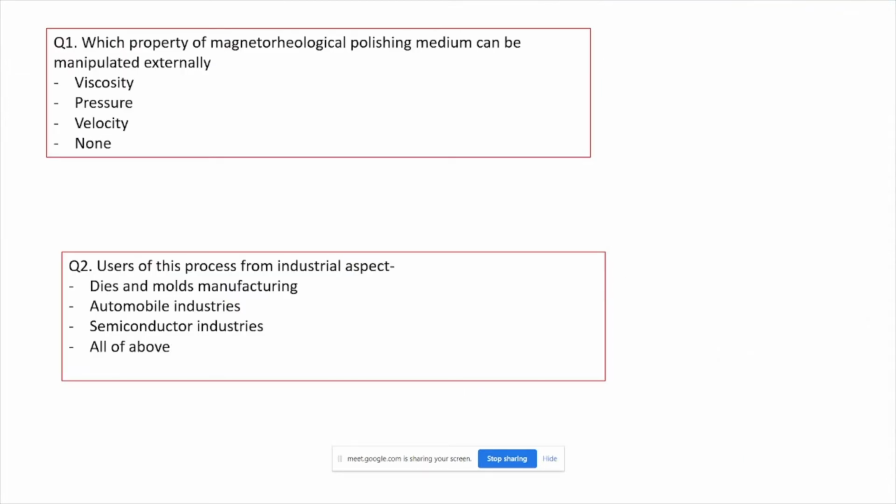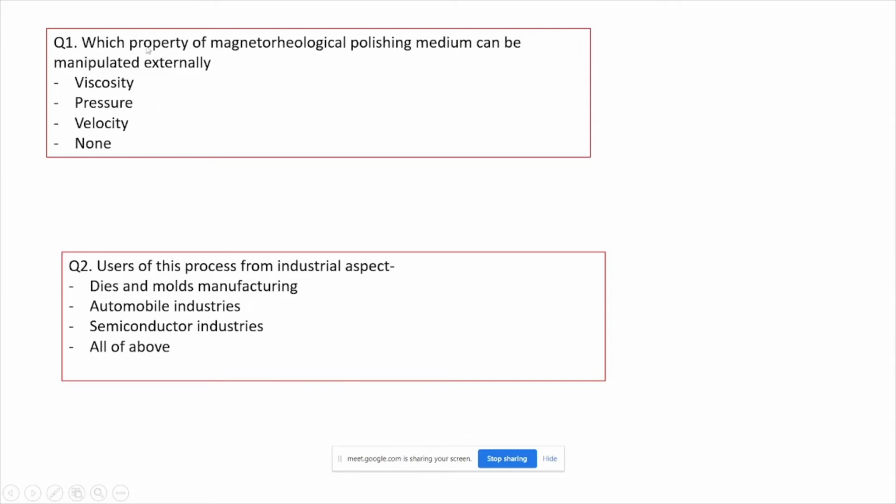Moving to the first question: which property of the magnetorheological polishing medium can be manipulated externally? As I have discussed, the rheological properties include viscosity and shear stress. We have seen in the working principle that by applying an external magnetic field, the viscosity can be increased or decreased.